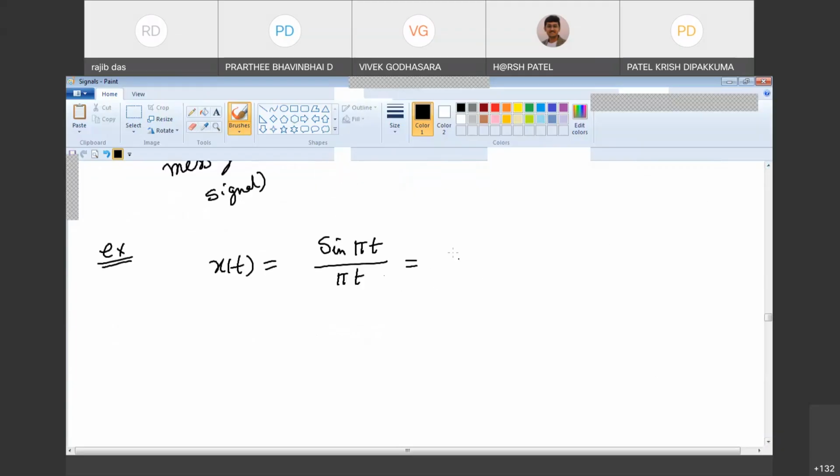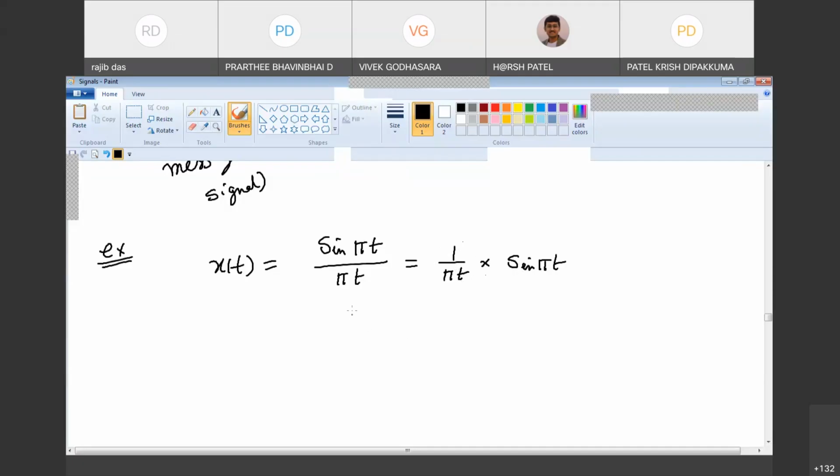Again, you see this one, we may consider in this form: 1 upon pi t multiplied with sine of pi t. Or sine of pi f0 t, that you can also consider. Just for example, I am considering f equal to 1. So can you draw this one? 1 upon pi t will behave as an envelope because this is multiplied with sine pi t.